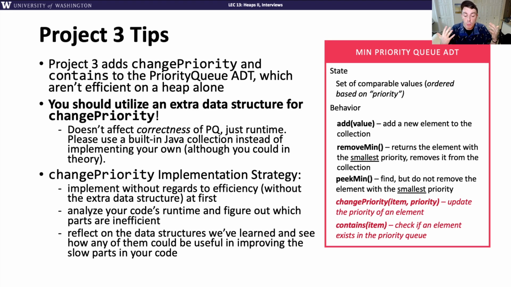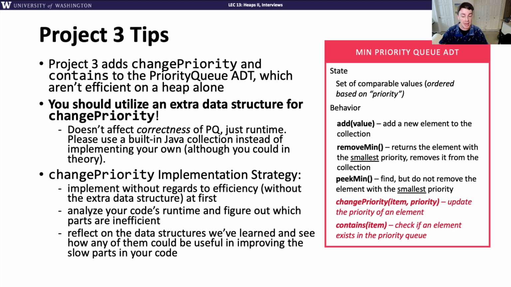And that will actually, I'm not going to say probably, will require that you use another data structure internally to help you keep track of some state. This doesn't affect the correctness of the priority queue from the outside, it just affects the runtime to make these operations faster. So you will probably want to use one of Java's built-in collections to help you implement this faster than trying to write your own thing from scratch, even though you technically could do that.